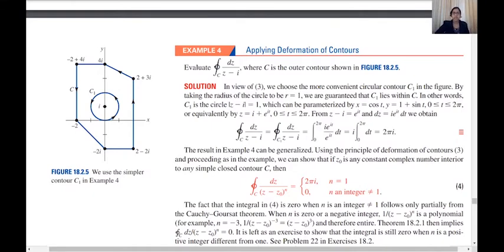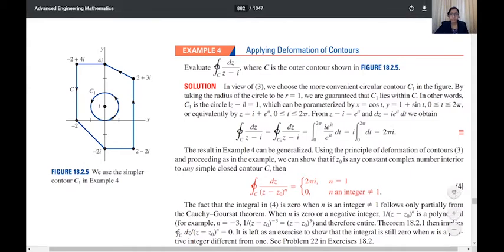This result can be generalized. If you see equation 4, we have the integral over C of dz by z minus z0 raised to n equal to 2 pi i when n is equal to 1, and it is 0 for all other integers. Now why is it 0?